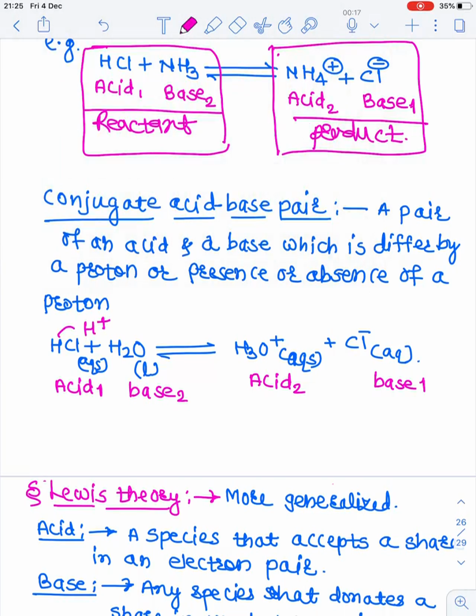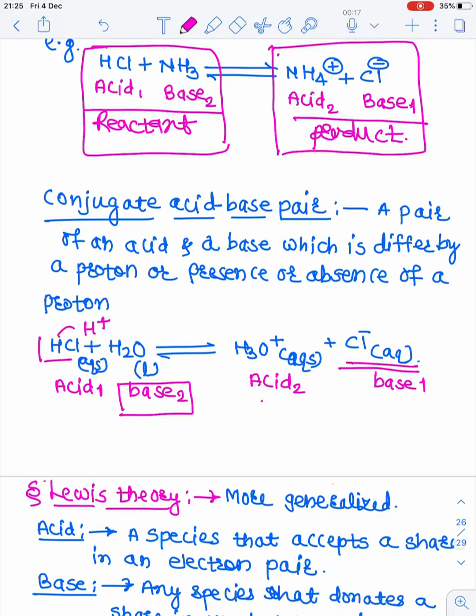This Cl negative is the base of this HCl. And a base accepts a proton and changes to an acid.